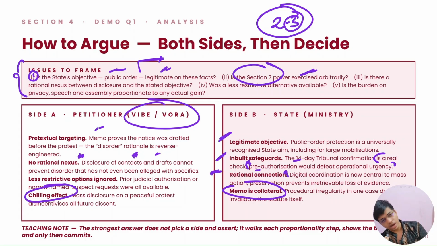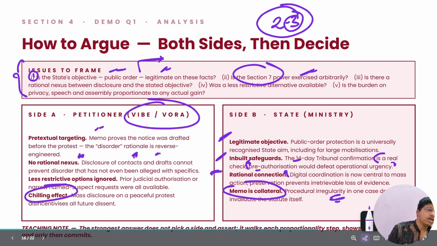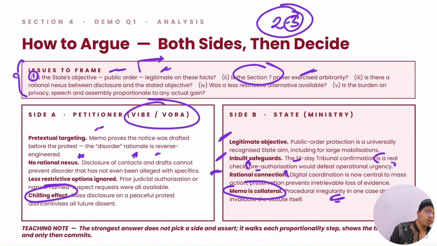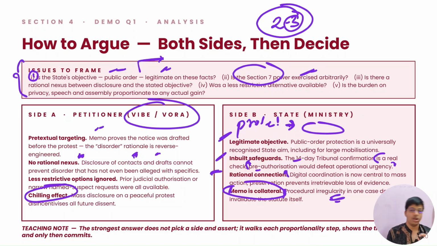You say okay, I accept that this exists against me, but this is a collateral, because the point I'm trying to make does not relate to this, it will subsist. Here, procedural irregularity was discussed extensively, so this protest is sensitive and all the other tests are met. So nonetheless, even if this memo was made prior to all this, it does not matter. Nonetheless, this thing comes under the ambit of restriction, and it will be restricted.